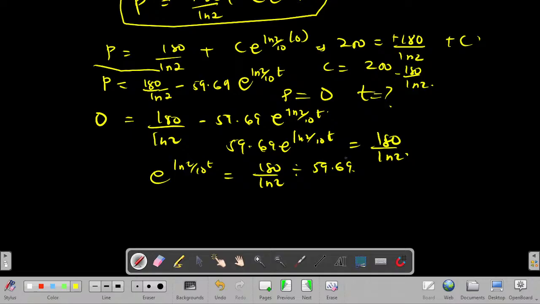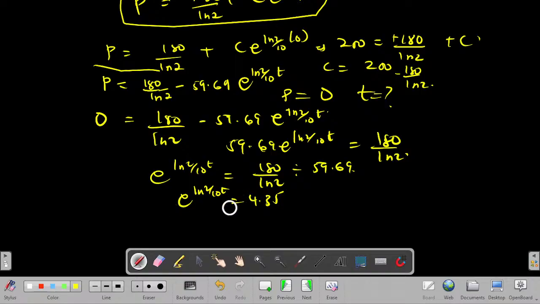So let's solve this and put the value there. That is 4.35, so e to the power ln 2 over 10t equal to 4.35.